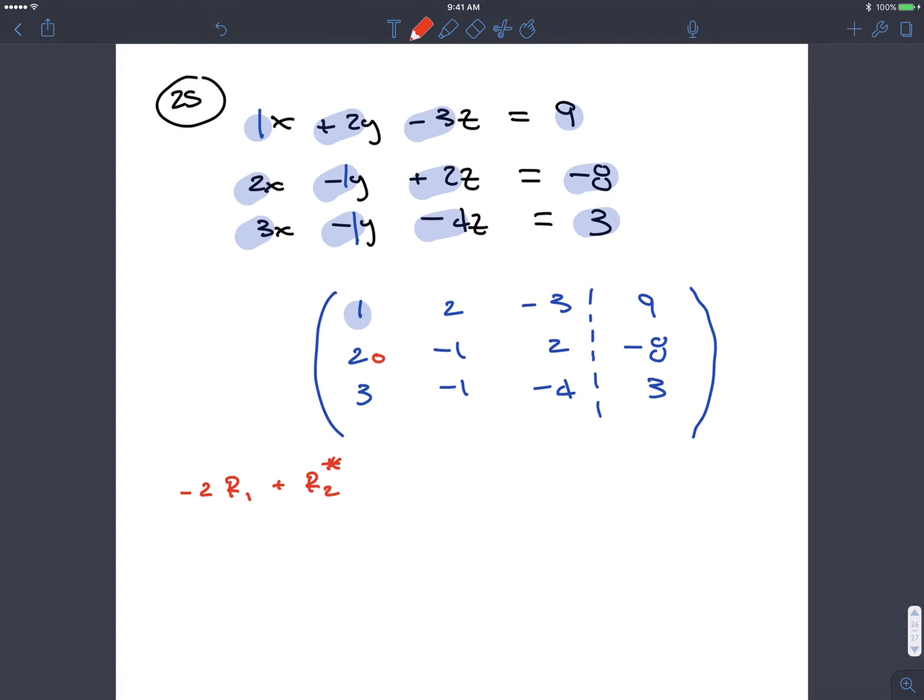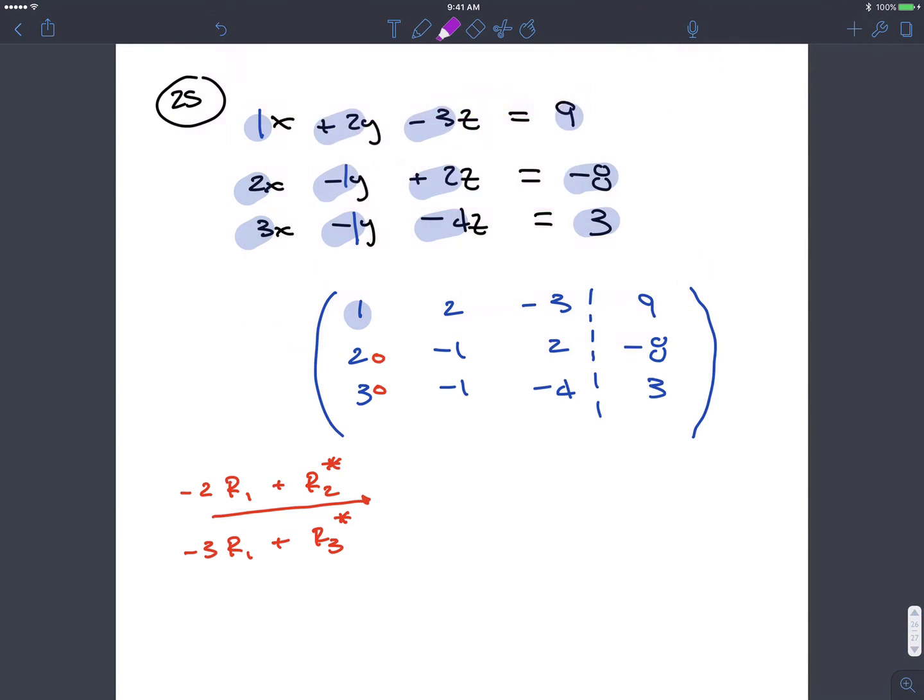And again, that 1 is valuable because I could take negative 3 times row 1 and add it to row 3 to change row 3, because I want 0 in this position as well. So I'm going to get zeros below that 1 by using these elementary row operations.